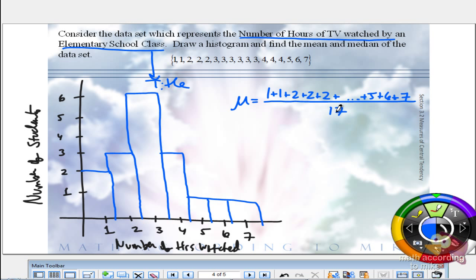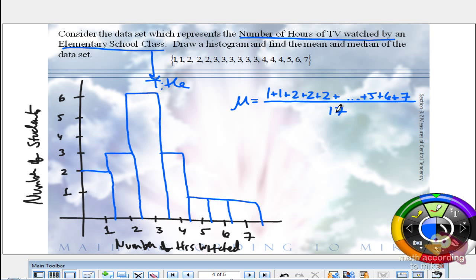What I have for the mean up here, 1 plus 1 plus 2 plus 2 plus 2 plus ... plus 5 plus 6 plus 7, that's acceptable on your test. I'll allow it. I know there's a bunch of numbers there. But if you did 1 plus ... 7, come on, really? That's way too lazy.